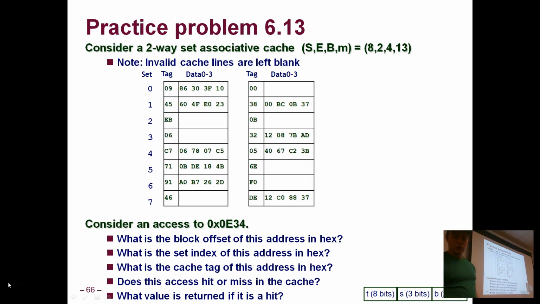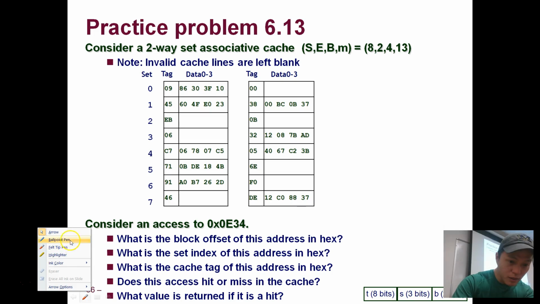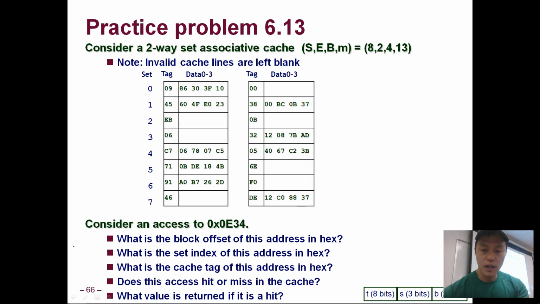Okay, so the first thing you do is you blow up the bits. So this turns into 0, 0, 0, 0, 1, 1, 1, 0, 0, 0, 1, 1, 0, 1, 0, 0.